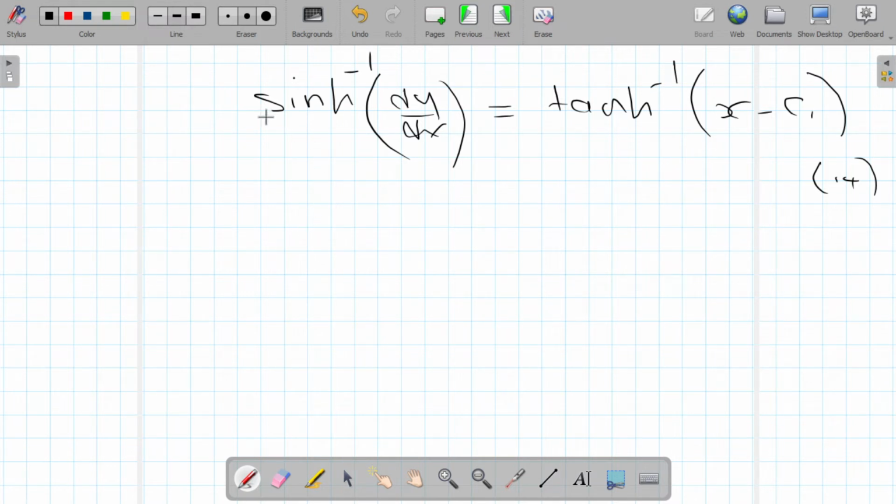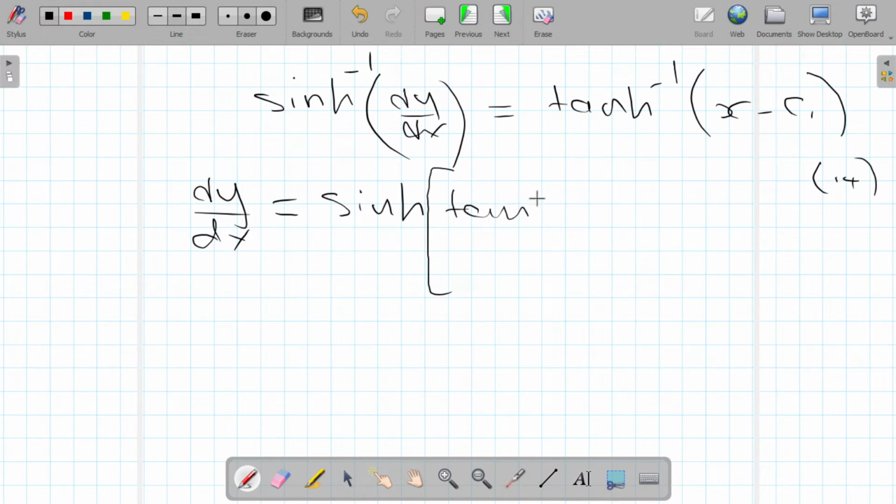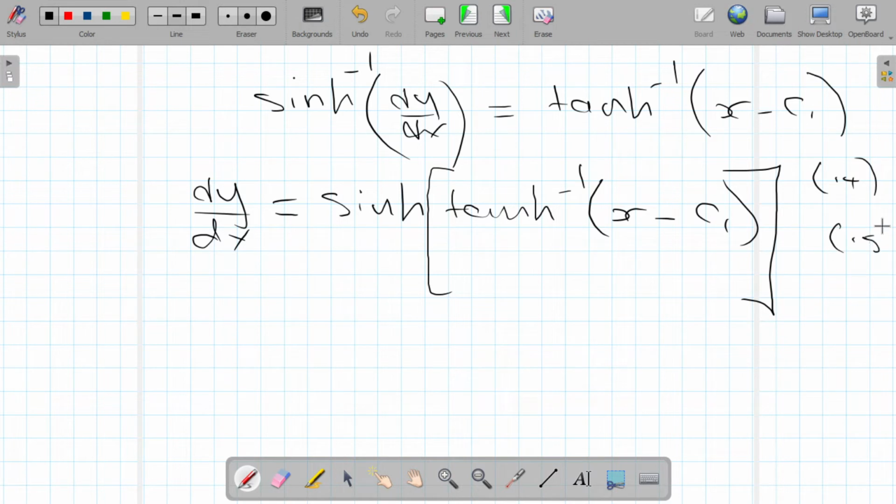So to get the left-hand side in terms of just dy by dx, we take the hyperbolic sinh of both sides. So we're left with dy by dx, and that's equal to sinh of, in brackets, the inverse hyperbolic tangent of x minus c1, close bracket again, and we'll call that 15.